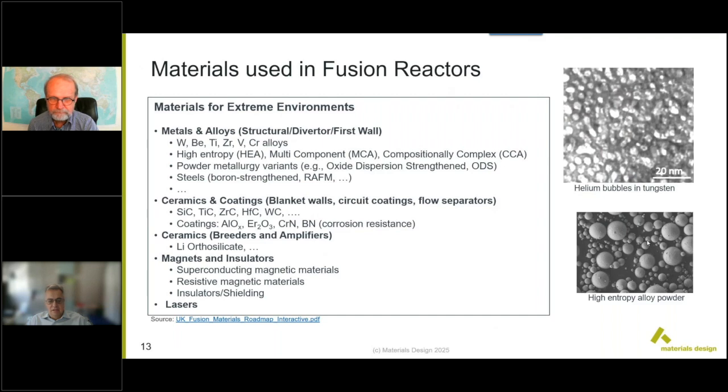And sort of a separate topic, but equally important, is building strong magnets and insulators, for example, superconducting magnetic materials. And in the case of, well, all of these technologies, but also inertial confinement, lasers play a key role typically to really heat the plasma appropriately.